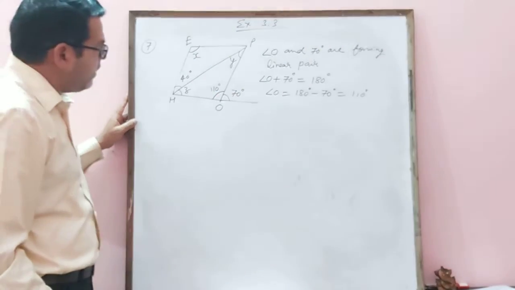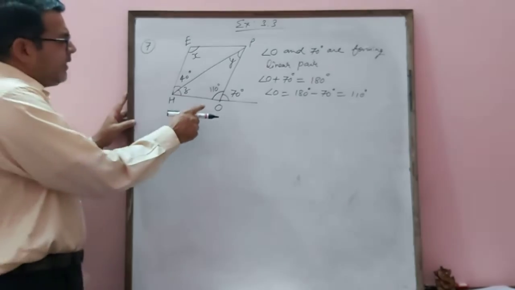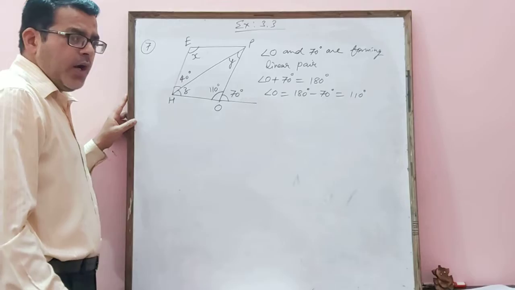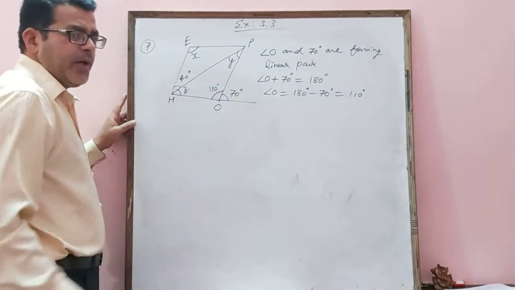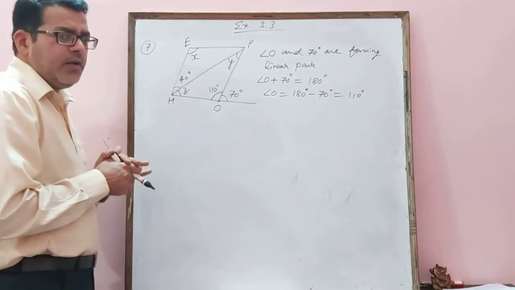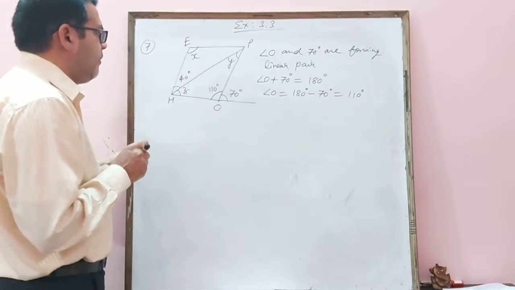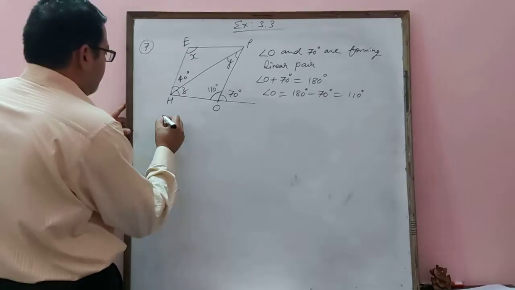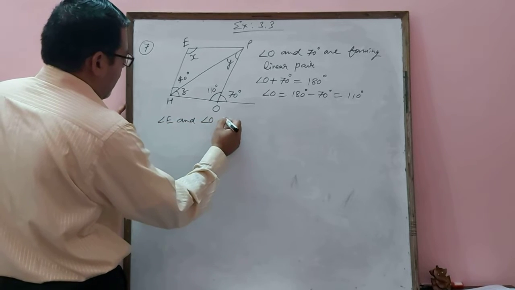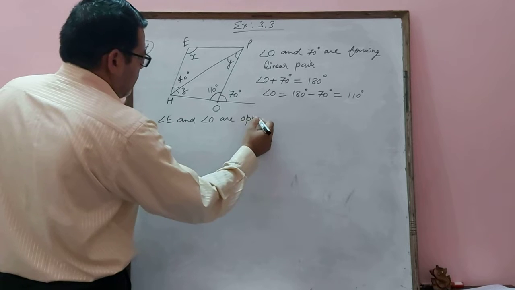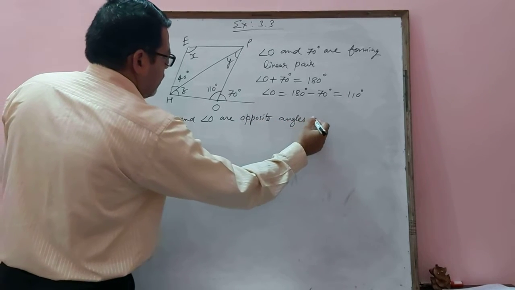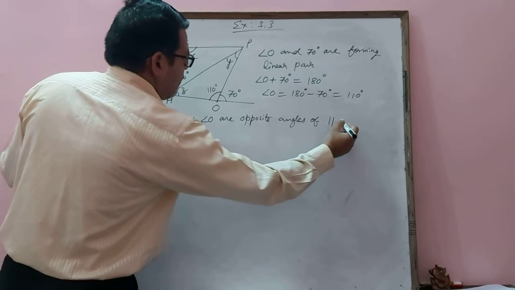Hope you understand. Right? Now this angle O and this angle E, these two are opposite angles of parallelogram, and we know that opposite angles of parallelogram are always same. So angle E and angle O are opposite angles of parallelogram.